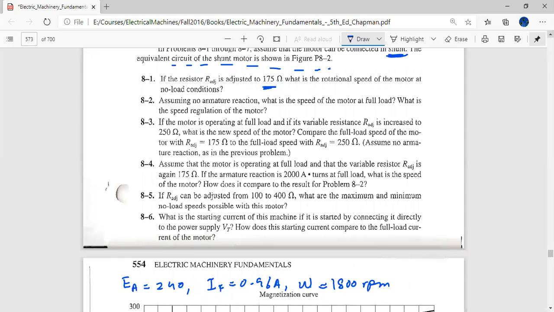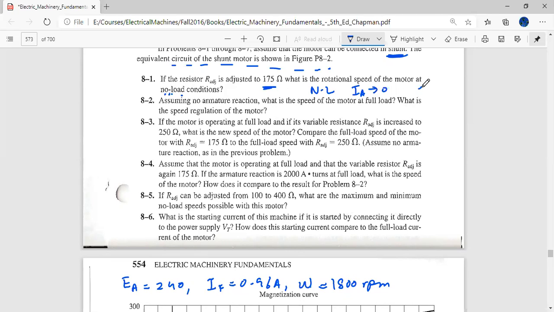And now what does this question say? What is the rotational speed of the motor at the no load conditions? So there is this new thing called no load conditions, and at no load, I've already told you that IA will go to 0 because the motor is taking only minimal energy, only to maintain the field of the machine.